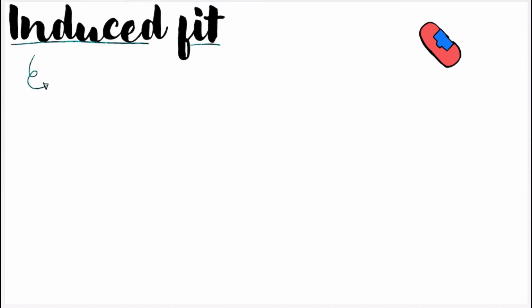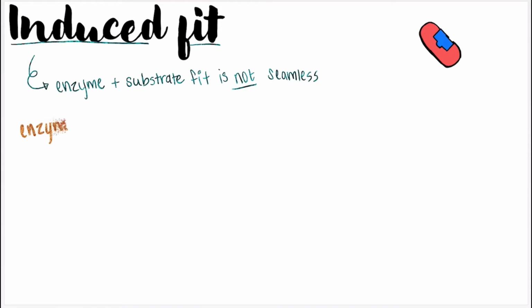Induced fit. So researchers discovered that it's not a perfect fit. So when your enzymes are combining with your substrates, while all the models show this perfect fit where your substrate comes in and it locks in perfectly to your enzyme, it's not seamless. Your enzymes do have to slightly modify themselves.